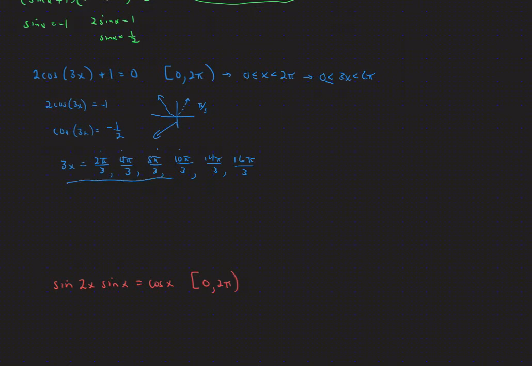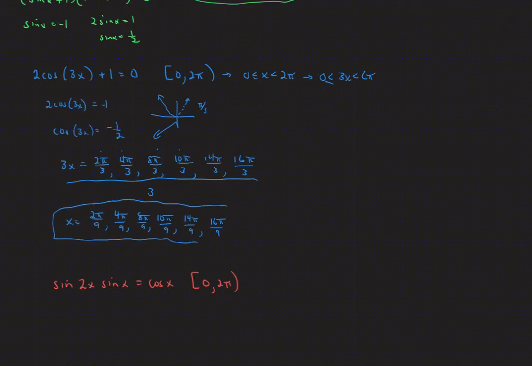Then we're going to divide all of those by 3, which is like multiplying by 1/3. So that will become 2 pi over 9, 4 pi over 9, 8 pi over 9, 10 pi over 9, 14 pi over 9, and 16 pi over 9. And we know that 18 over 9 would be 2 pi, so all of those are still between 0 and 2 pi.